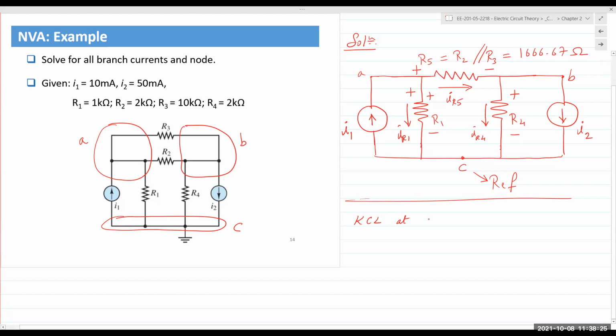KCL at node A. I'm going to draw out my node. So when I draw out my node, I have IR5 leaving the node, I1 entering the node, and IR1 leaving the node. So my KCL expression, straightforward enough, I have I1 is equal to IR1 plus IR5.